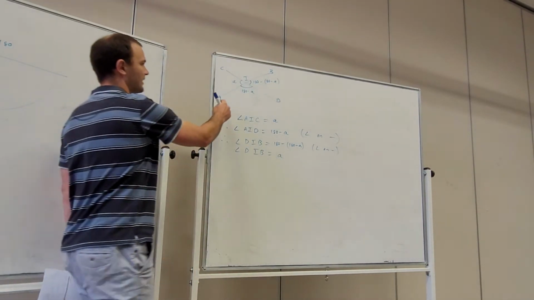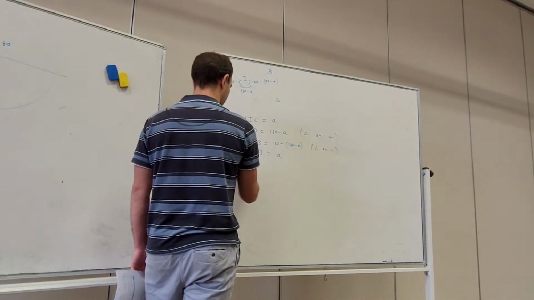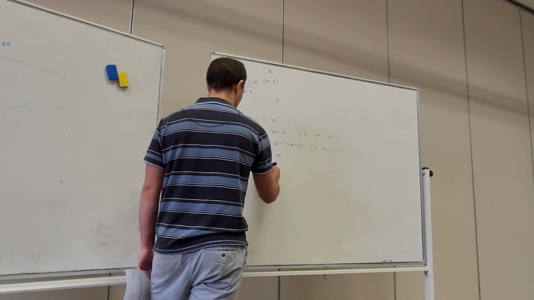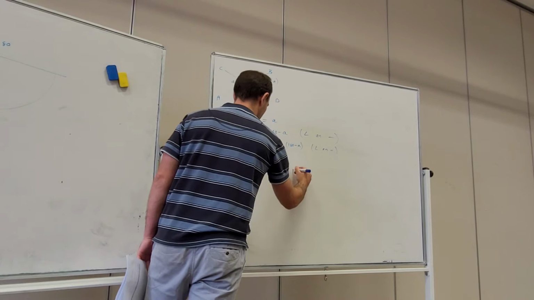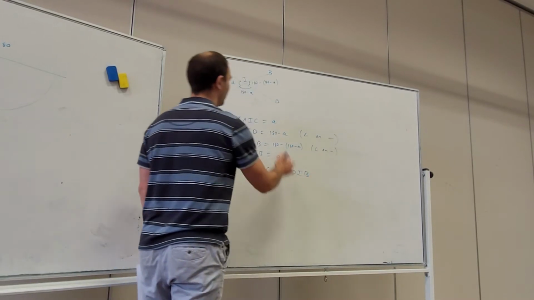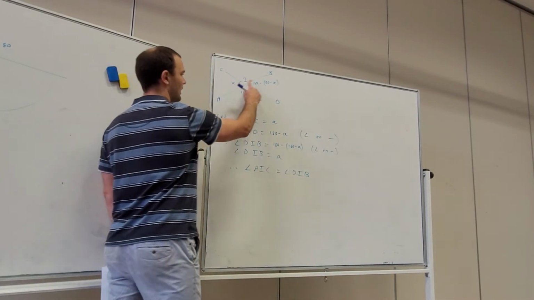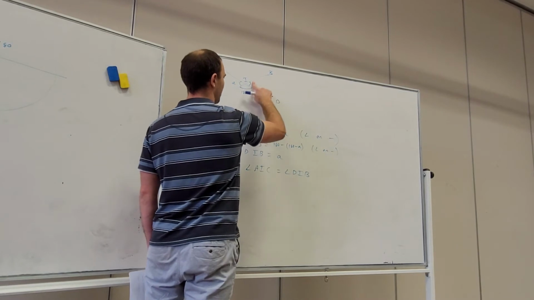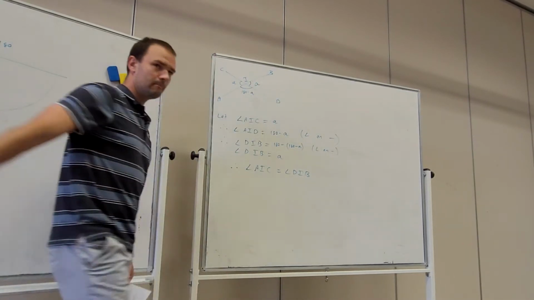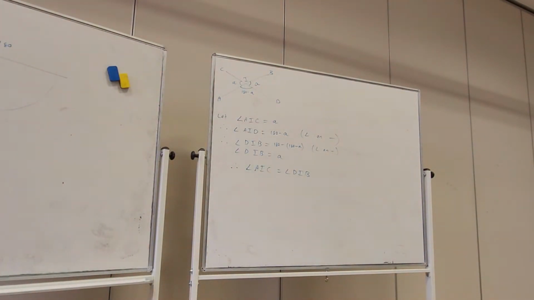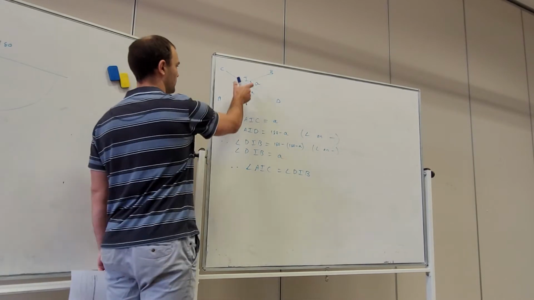And so we can see angle AIC is equal to angle DIB. Both of these angles are equal to alpha. It doesn't matter the size of the angles: if we have two straight lines and they intersect, opposite angles are equal.